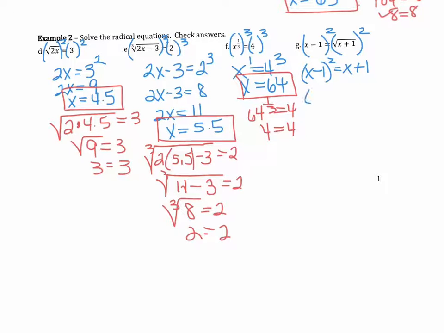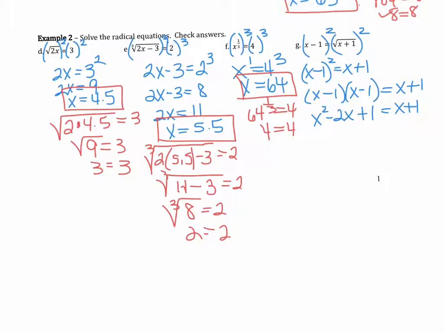So the first thing we're going to do is expand the left side and then distribute. So x minus 1 times x minus 1 is x squared minus 2x plus 1, and that should equal x plus 1.